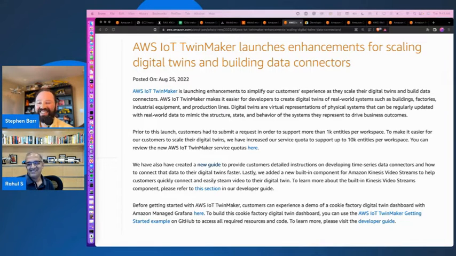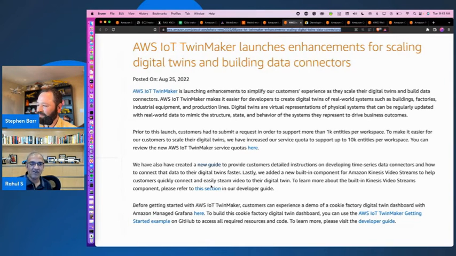Yeah, agreed. So yeah, TwinMaker is actually really neat. You guys should all try it out. We are going to do the same at our end with this new project that we're just kicking off. I think there's a service called SiteWise as well, which manages temporal data.